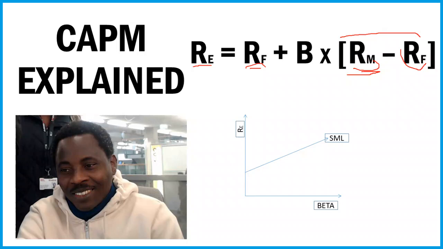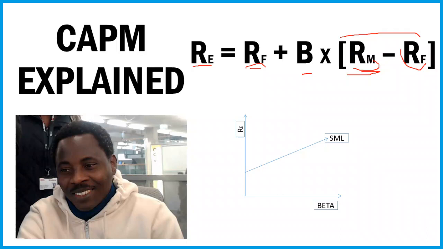So now let's say we want to calculate our CAPM, say for Apple. We need to know our beta. Okay, I forgot to mention beta. When we are talking about beta, we need to multiply our risk premium against our beta. Beta simply tells us about the risk that is incumbent in that particular stock that we are about to pick.